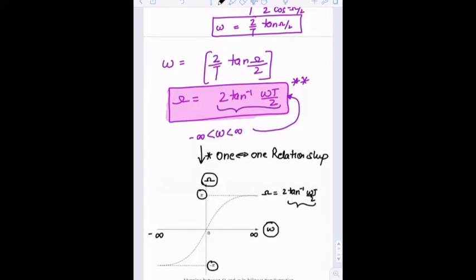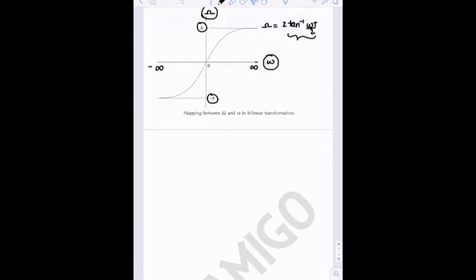So the problem which we were facing in the impulse invariance transformation, that there was a many to one mapping, is removed here, but there is one more problem which we will face: the problem of frequency warping.